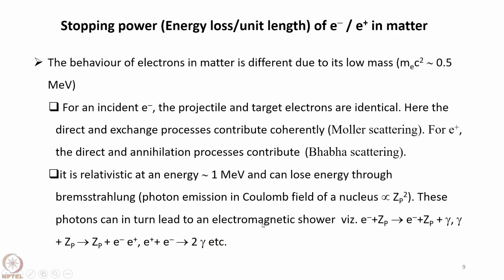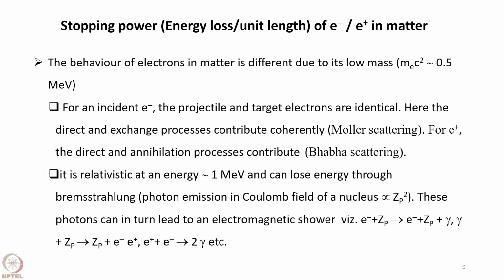So, once you have these processes contributing, the number that I mentioned there, X0, is a measure of the length over which the energy of the electron or positron decreases by 1 by e. Okay. So, in lead it is of the order of 6 centimeters. So, the electromagnetic shower, of course, can be contained within a few times X0.